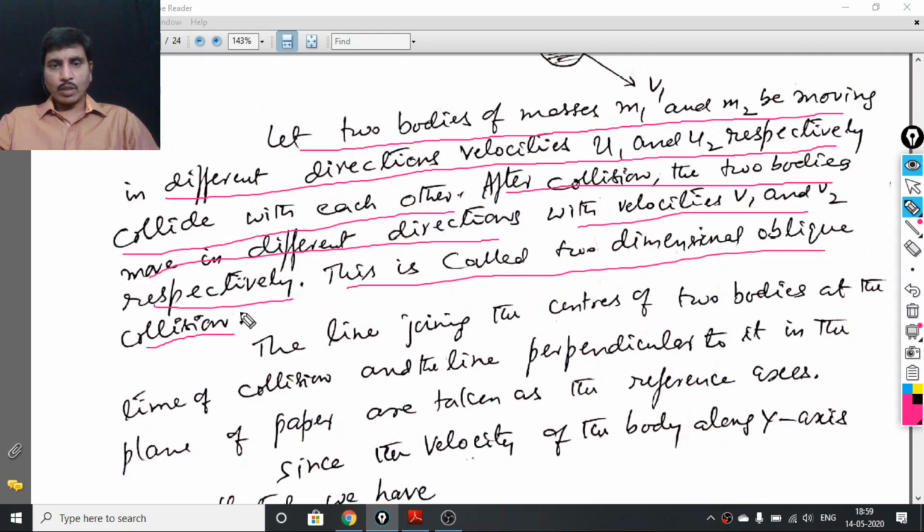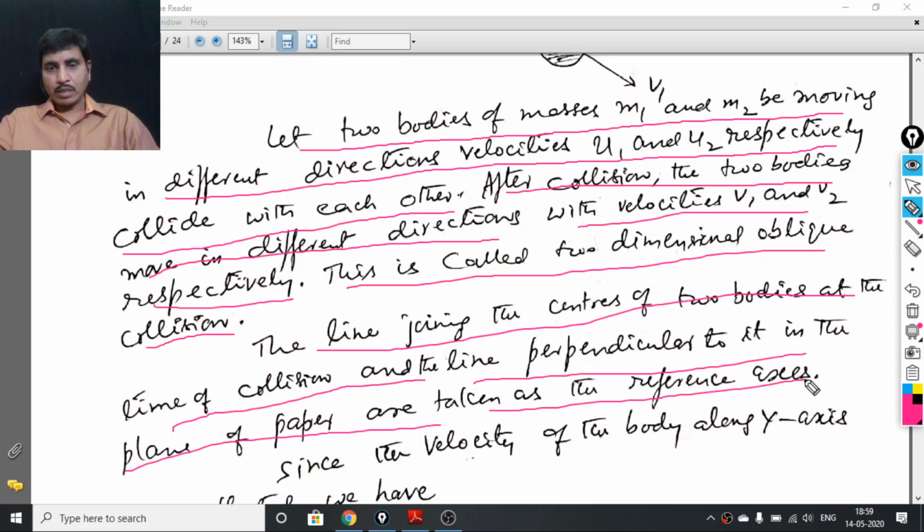After collision, the two particles move with velocities v1 and v2, making angles theta and phi along the collision axis. The line joining the centers of the two bodies at the time of collision and the line perpendicular to it in the plane of paper are taken as reference axes.